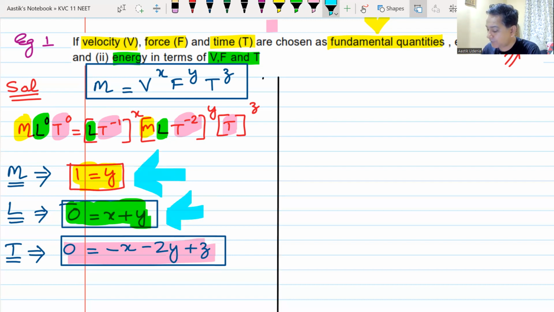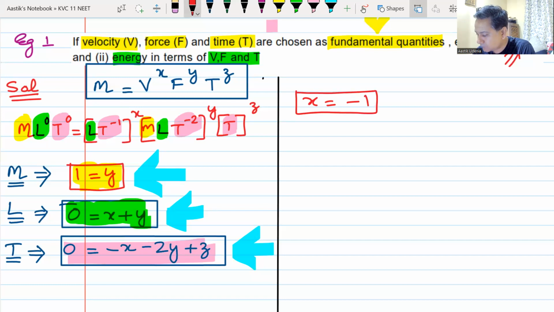X will come from here, minus 1. Put all these quantities here and you will get the value of z. What are the answers? So x is definitely minus 1. Y is definitely plus 1.